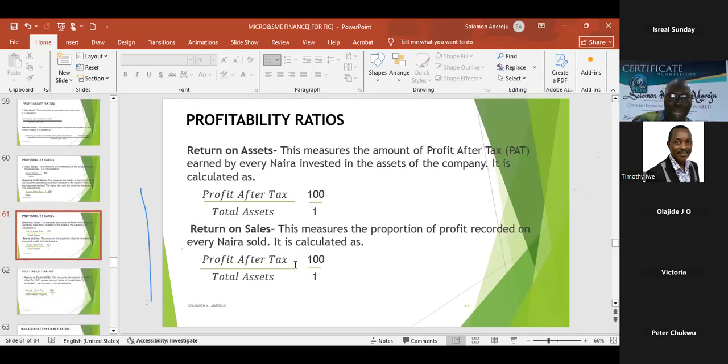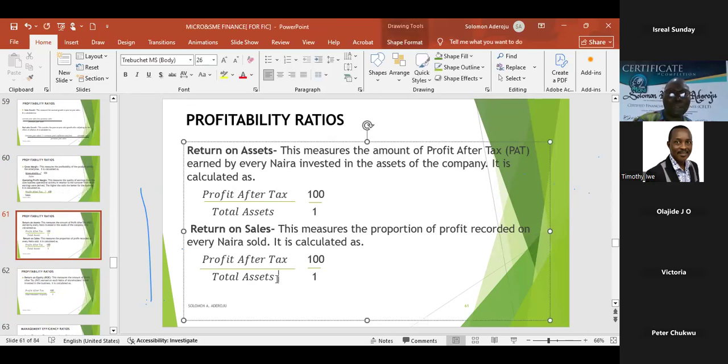Then we now have return on assets, which means that we want to see whether the assets the company has are recording good profit. It's profit after tax all over total assets. Then return on sales. We want to see whether the sales is making profit, so not total assets. That's a mistake there. Sorry, let me correct that.